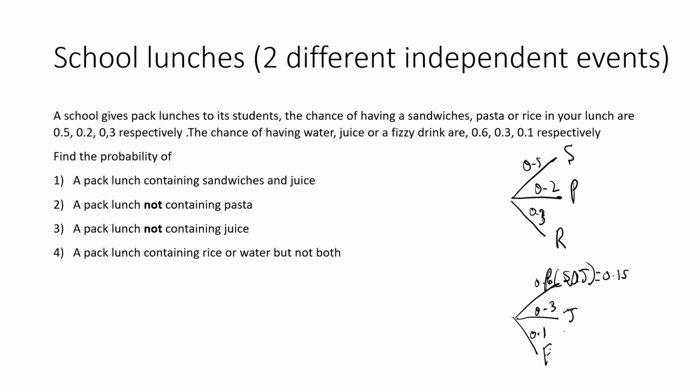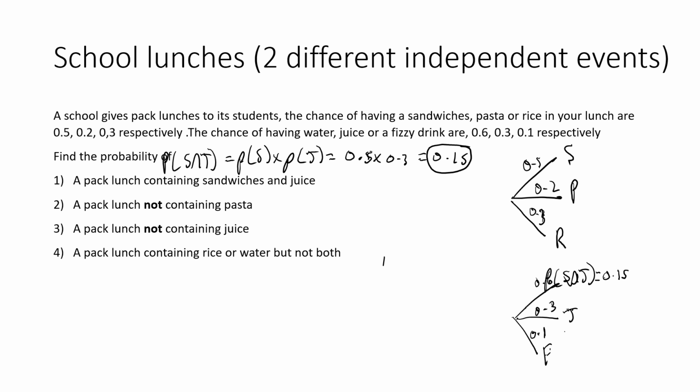Now we need to answer questions. So find the probability of a packed lunch containing sandwiches and juice. So we can write that as sandwiches and juice equal to probability of S times probability of J, which thanks to a tree diagram makes it simple to find out. It's 0.5 times 0.3, and that will give us 0.15. Okay, so the next question is, a packed lunch not containing pasta?